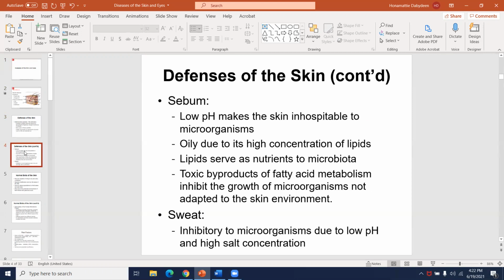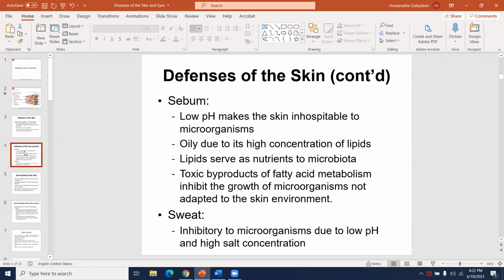Continuing with the defenses, your defense against skin invasions, turns out that your sebaceous glands secrete something called sebum. And sebum has a very low pH and that will make the skin very inhospitable. It's a deterrent for microorganisms.